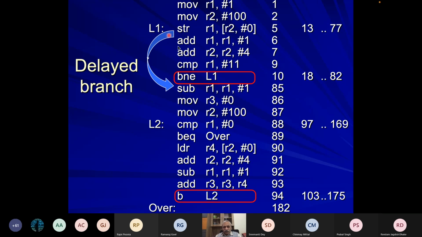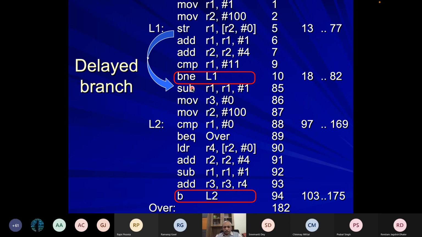So why not bring that store instruction right here after the branch? Now, if I were to go back, I would have done the store, so it is fine. But if I'm not branching, if I was to exit the loop, then I'm doing an extra store. So one could figure out if that extra store is harmless, then moving this instruction is fine here.